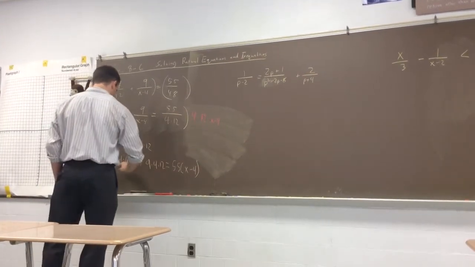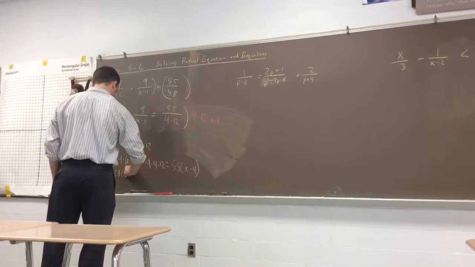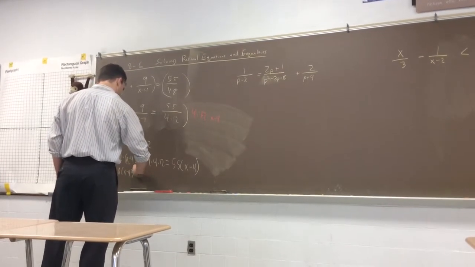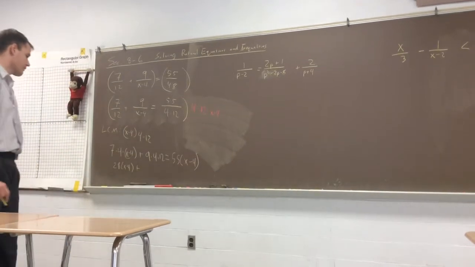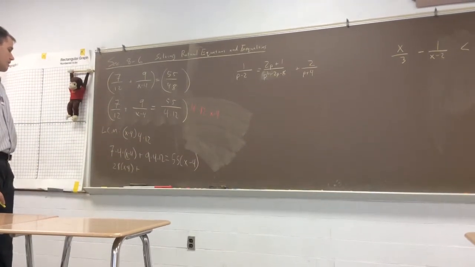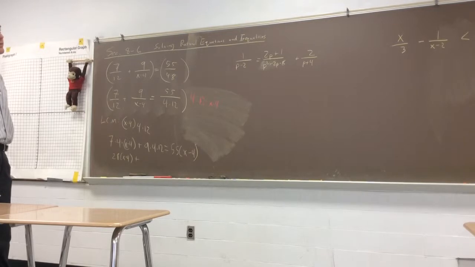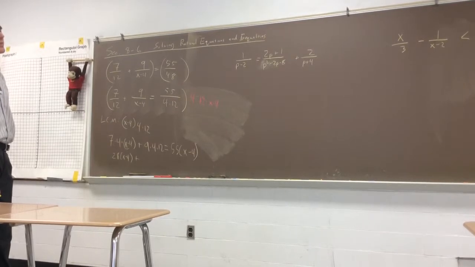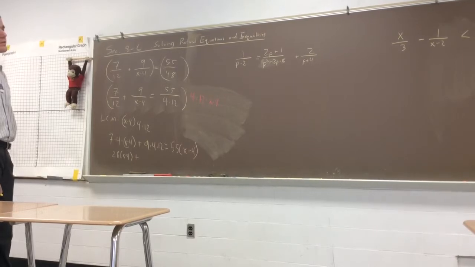I'm going to get 28 times x minus 4 plus, let's see here, 36 times 12, 144 times 3, 420, 432, I believe.